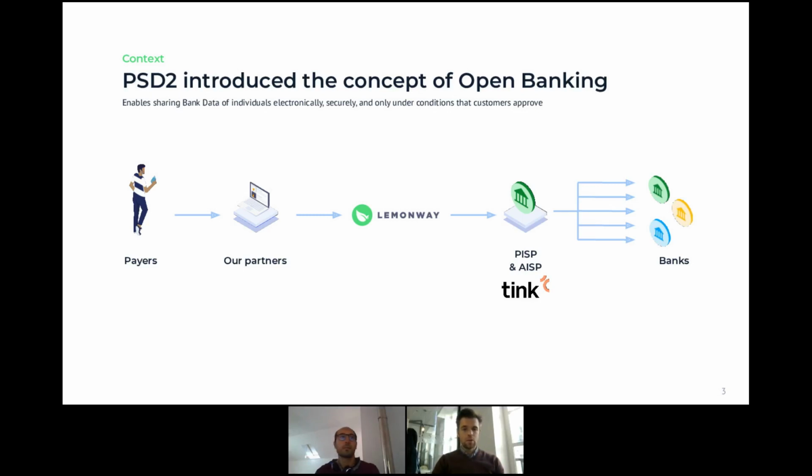This is the supplier we've selected to make such an offering that will be directly connected to the banks and their different APIs to be able to offer a Pay by Bank, a PISP value proposition. So this is really how things are working. You as a marketplace need to integrate the Lemonway features, giving access to such capacities.